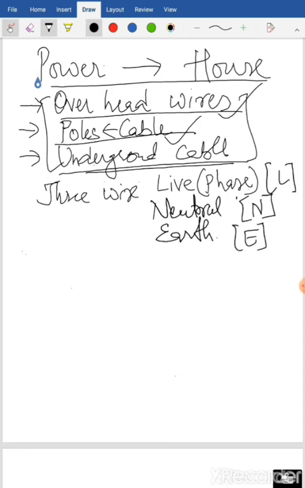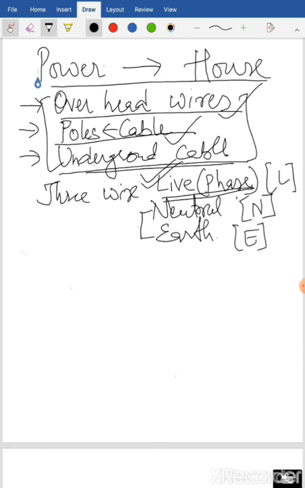Is that okay? Now, you must remember that the live wire or the phase wire is the one which actually carries current, whereas neutral and earth do not have any current in them, meaning they are at the same potential.